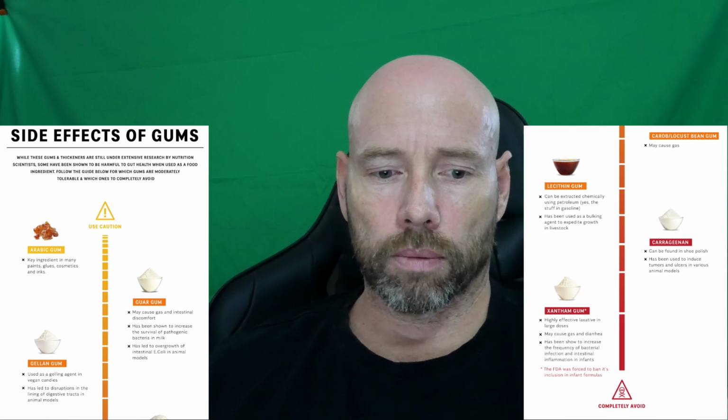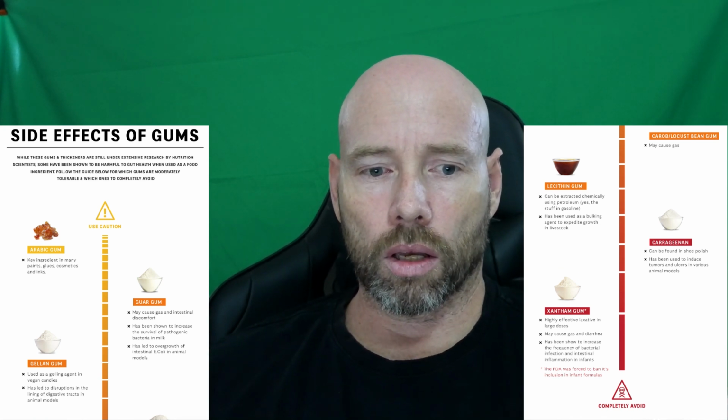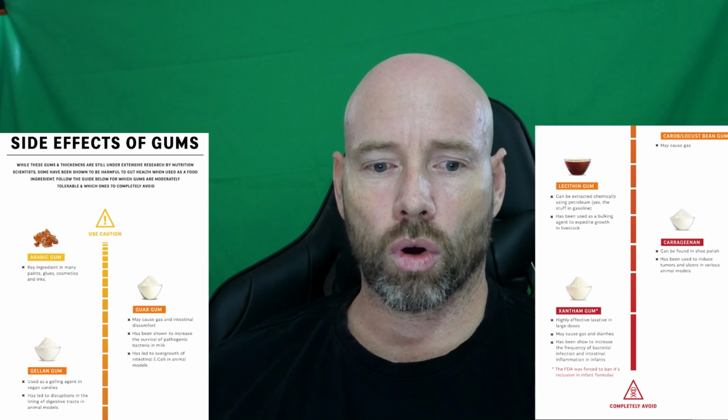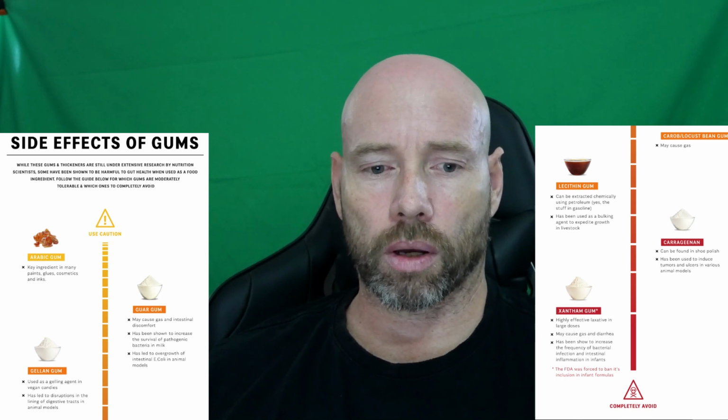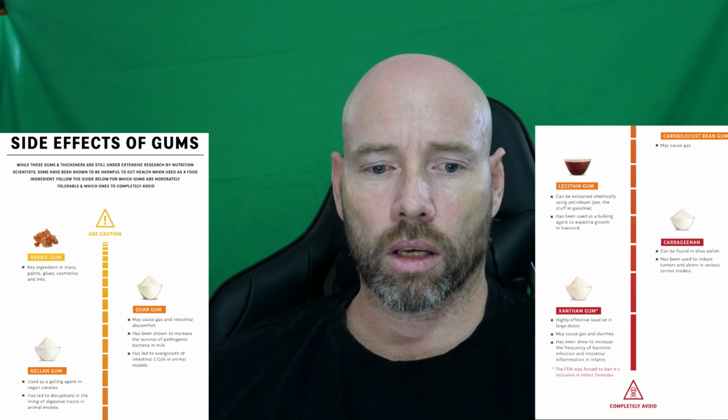And these are used in everything that's processed these days. So I've got a little chart for you to look at here. Now, Arabic gum is not as dangerous as some of the others, but it's a key ingredient in many paints, glues, cosmetics, and inks.